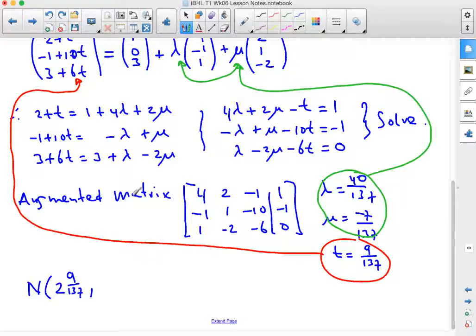And then we get negative 1 plus 10 times 9 over 137, which comes to negative 47 over 137. And then we will have 3 plus 6 times 9 over 137, so that's 3 and 54 over 137. And these are the coordinates of point N.